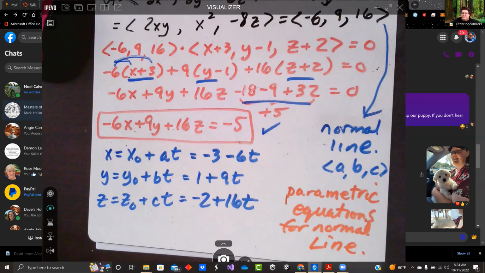So now we have new ways to get tangent planes. We did it before and it was a lot more of a pain, but now it's simple partial derivatives and it's mostly algebra.